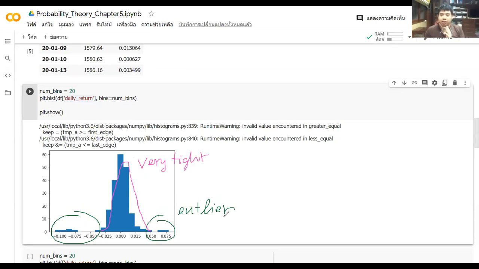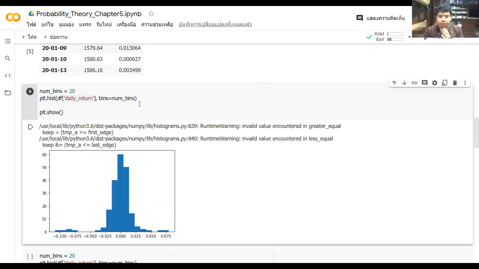So the spread that we could get from investing in the SET index daily is not that much, because most of the distribution lies between minus 0.025, which is like minus 0.5%, up until 0.05, which is 2.5%. It is roughly symmetric, though not that symmetric, because it's something like left skew, right? But roughly symmetric.